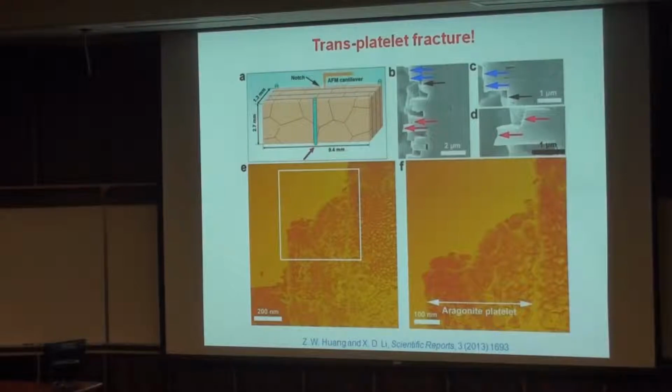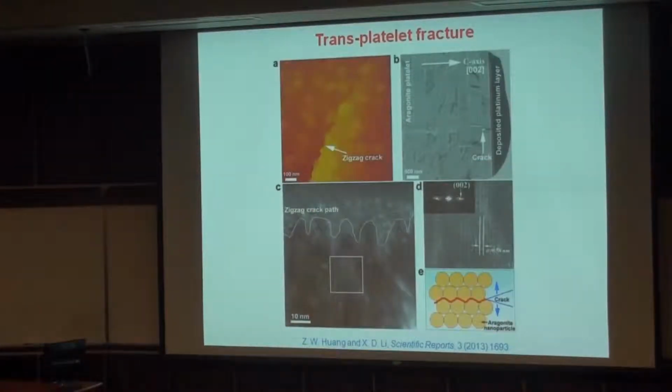That means Mother Nature designed a multi-scale hierarchical structure at different scales. Okay, you have an interlayer between different bricks. And you have biopolymer inside the bricks between the nanoparticles. So you can see those bricks are deformable and also contribute a lot to the strength, in particular toughness, because you see transplatelet fracture.